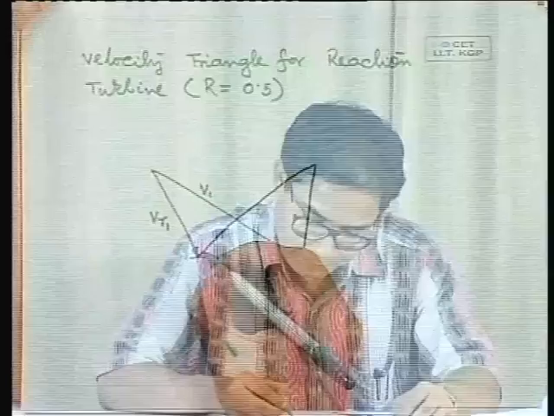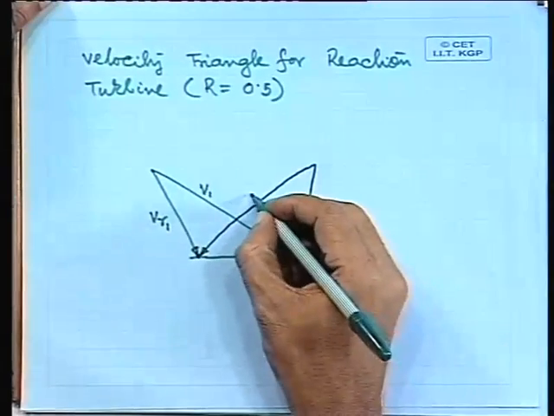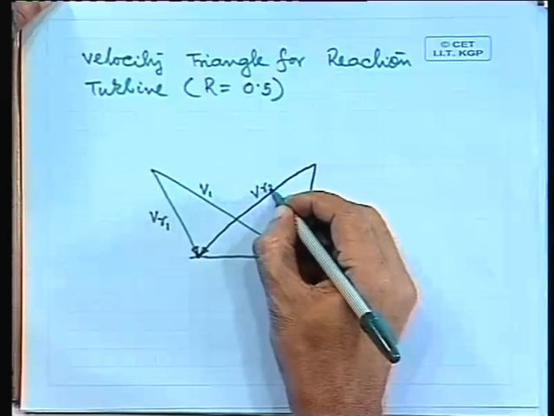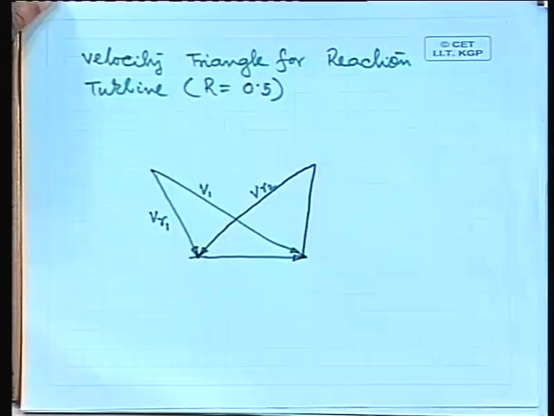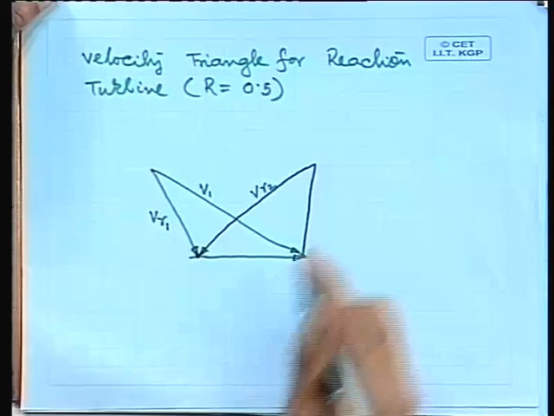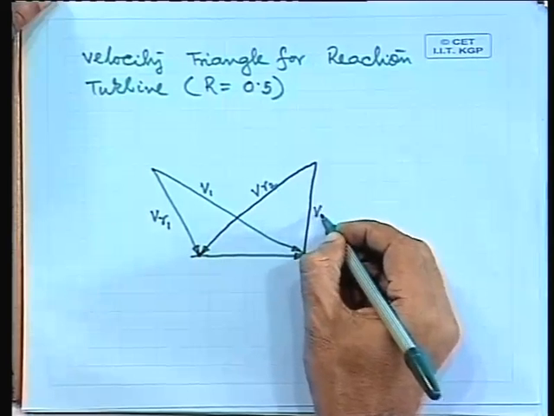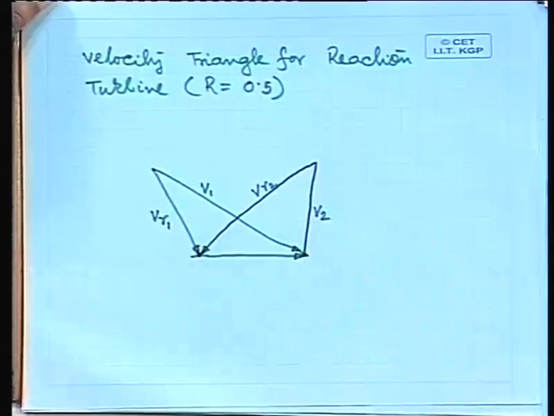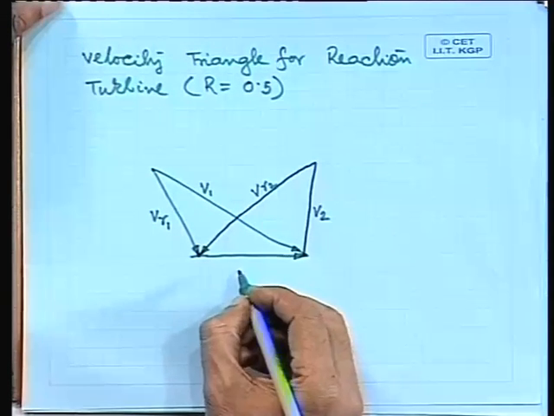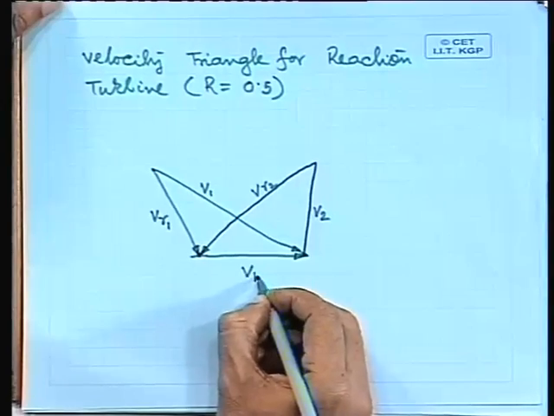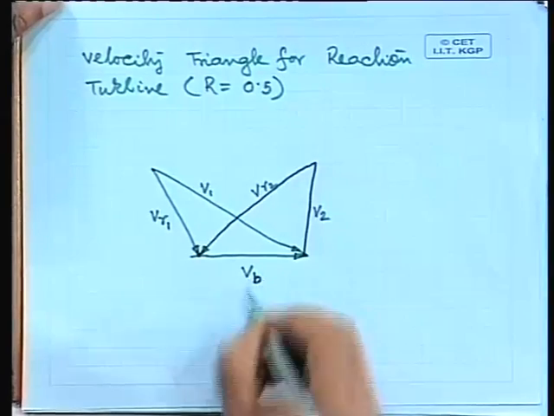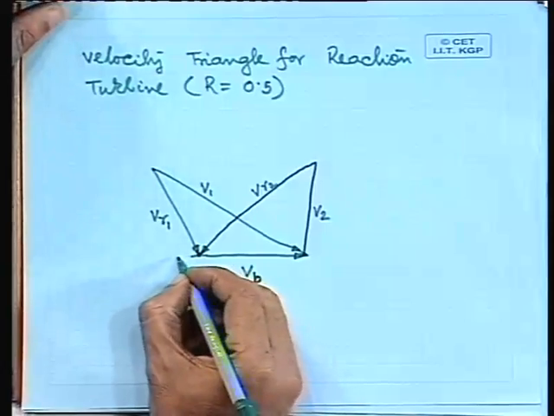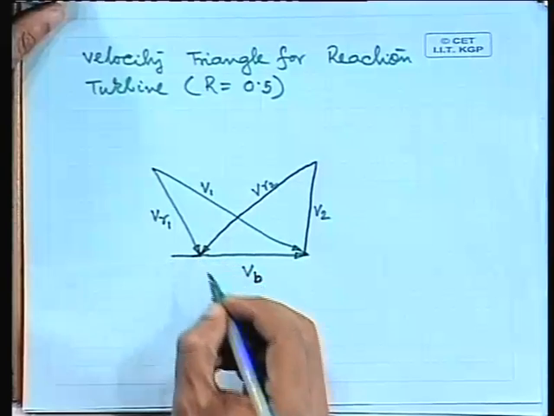Then this is your VR2, the relative velocity at the blade exit. Then this is V2, that is the absolute velocity at the blade exit, and this one is VB, that is the tangential velocity of the blade due to the rotation of the turbine. Then we can define different angles just like before.